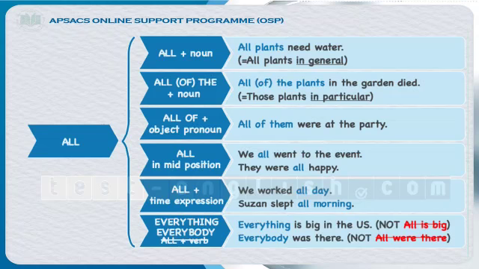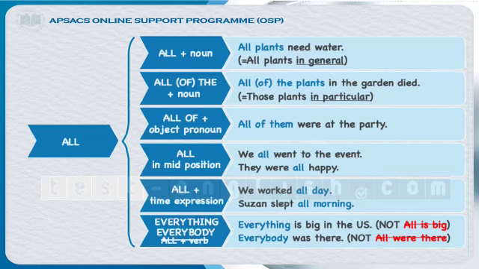When all is used in the middle of a sentence, we will say, we all went to the event. They were all happy. And when all is used with a time expression, for example, we worked all day. Susan slept all morning.